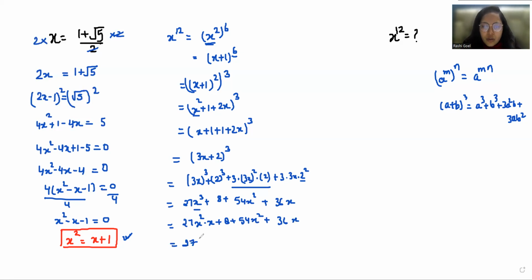Now we know the value of x square, that is x plus 1, times 27x plus 8 plus 54, here again x plus 1, plus 36x. So 27x plus 27. Here 27x plus 8 plus 54x plus 54 plus 36x.